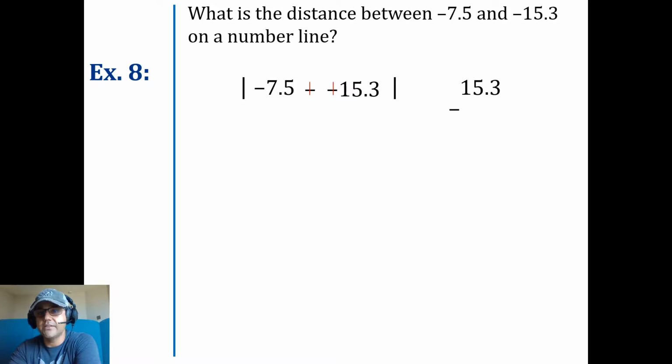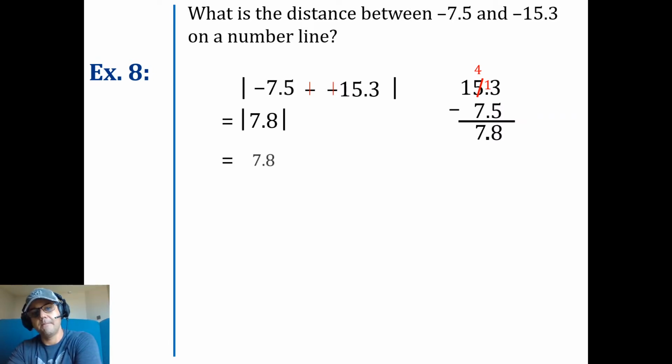So I'm going to go ahead and subtract. Don't say 3 subtract 5 is a 2. You're going to have to borrow or regroup. Decimal points line up. 14 subtract 7 is 7. So I still have my absolute value bars. But we know the absolute value of 7.8 is still just 7.8. Because again, absolute value is talking about the distance. Distance is a positive thought there.